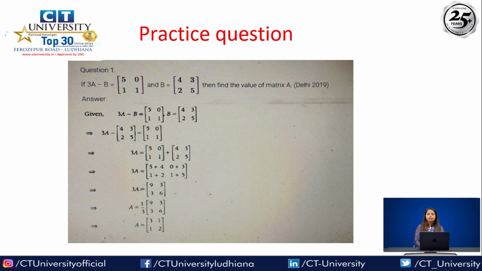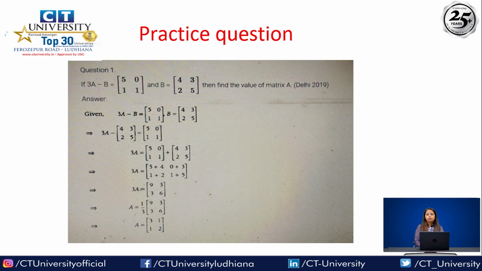So you have 3A minus B. So you have to find the value of capital A. It means that you have to put all the values in this equation. 3A minus B is equal to this matrix, and this is very easy to find capital A. You have to put the value of capital B here. After getting this, this will be in the minus form.